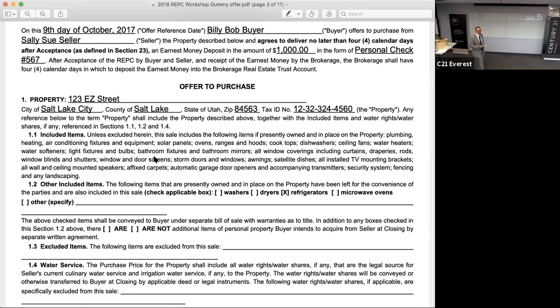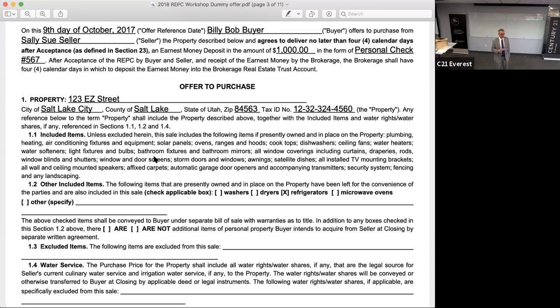Now, again, I don't necessarily teach people to do this, but when I learned how to fill out the REPC, the way my broker manager taught me is, he would always put an X in the box you were using and a circle in the one you weren't, like an O or a 0. For a long time, I would fill out these contracts that way.